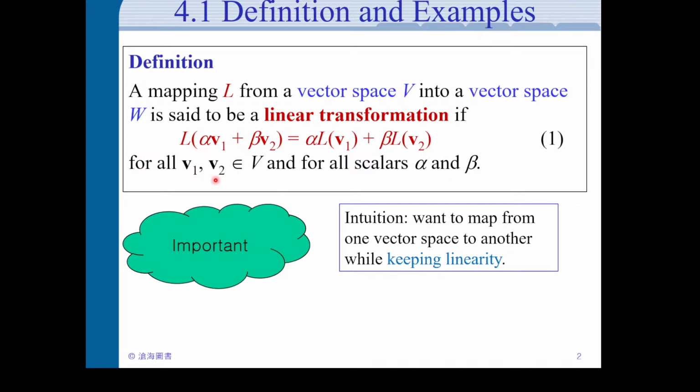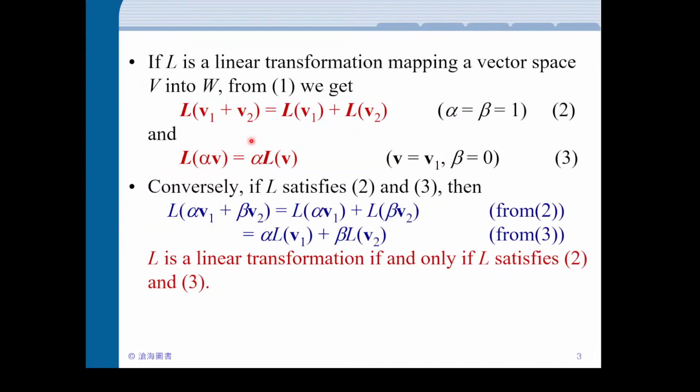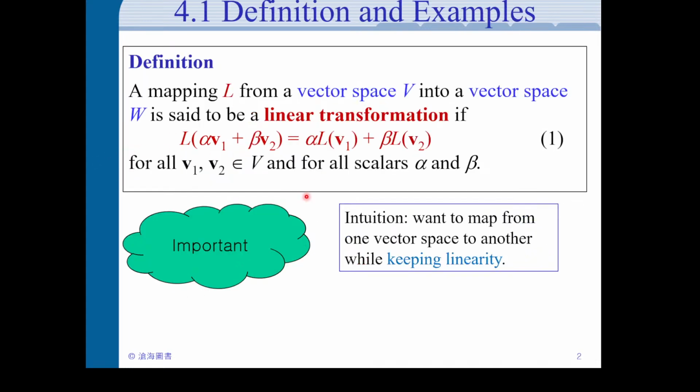Another way to write this: we know a linear combination is basically two things, addition and scalar multiplication. So you can also write this rule as two separate rules.